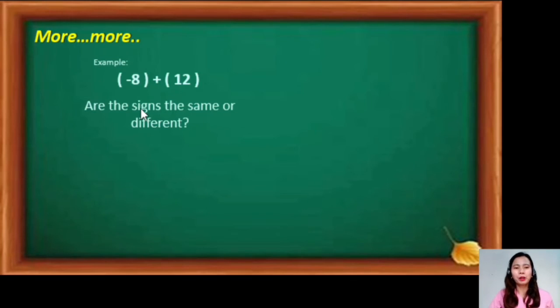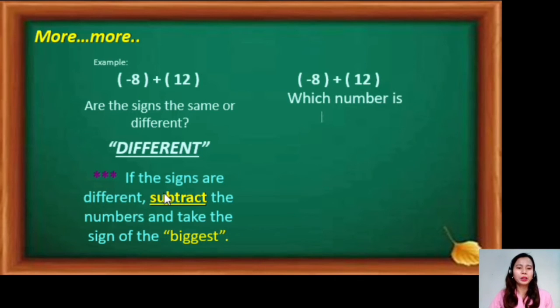Let's have another example. Negative 8 plus 12. Are the signs the same or different? Okay, very good, different. Since different, we're going to subtract, and look at the sign of the biggest number. Which number is bigger, 12 or 8?